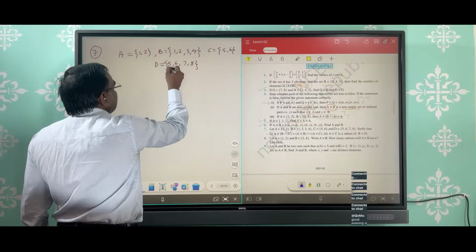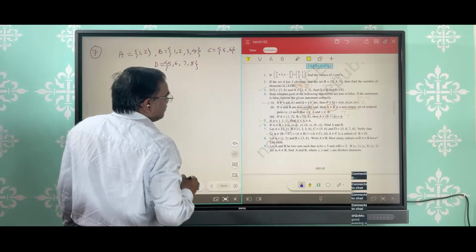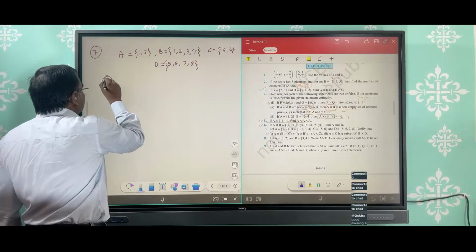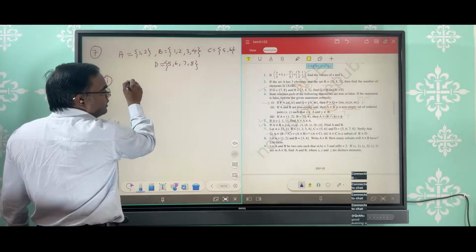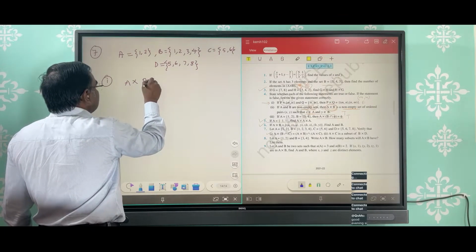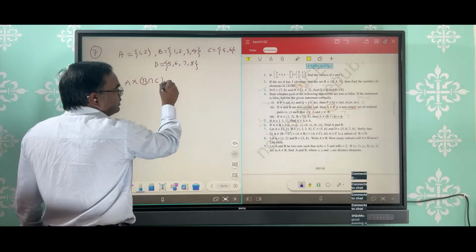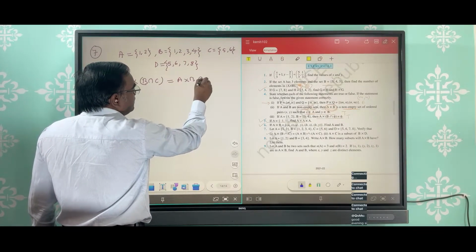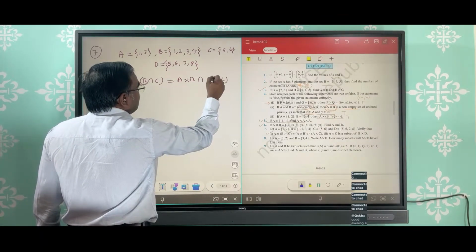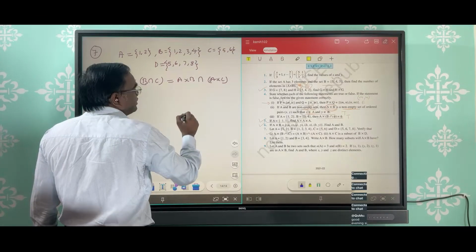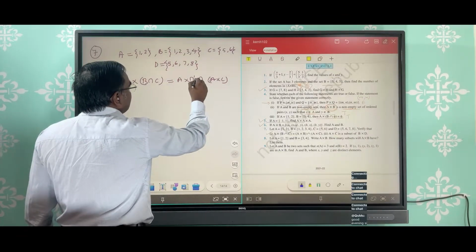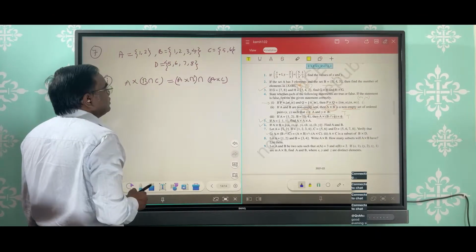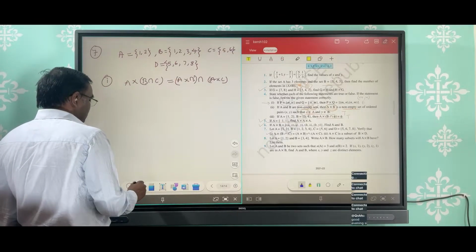It is asking to find A cross (B intersection C) equals (A cross B) intersection (A cross C). You have to verify this. Okay, first let us calculate the LHS.